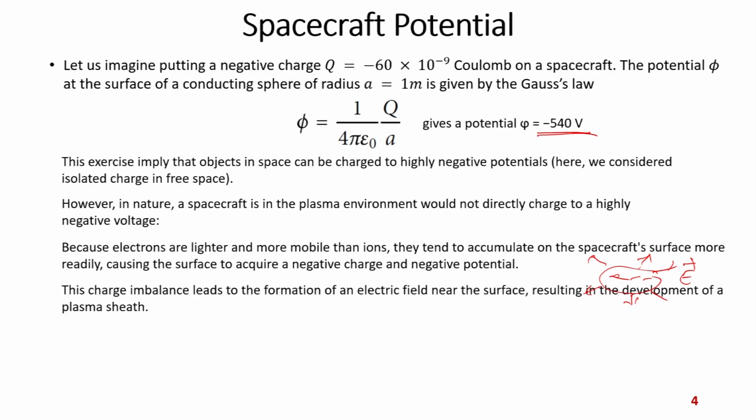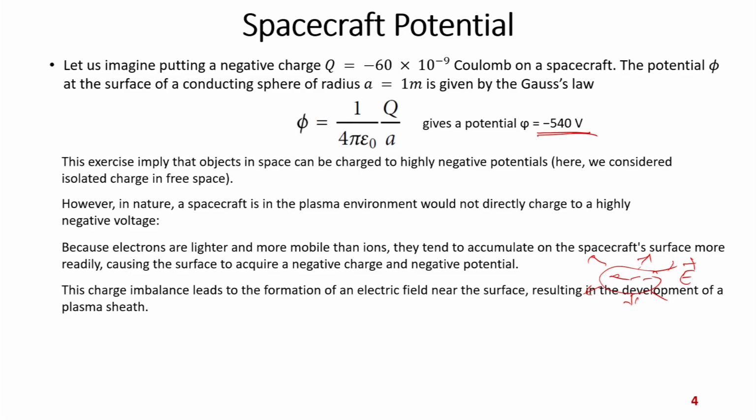So what I want to say is that this is the imbalance, because plasma as a whole is neutral, but here the plasma around the spacecraft is not neutral, it has become negatively charged. So, this is the imbalance.